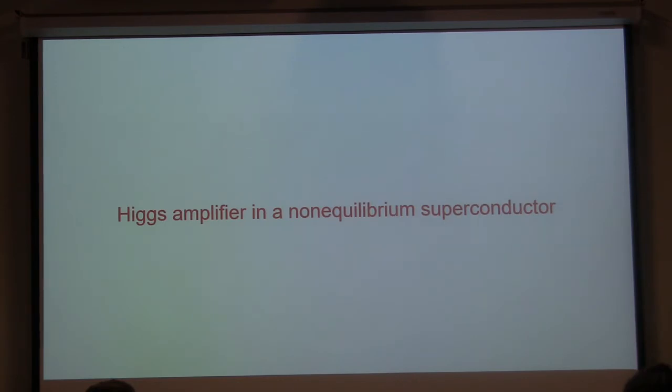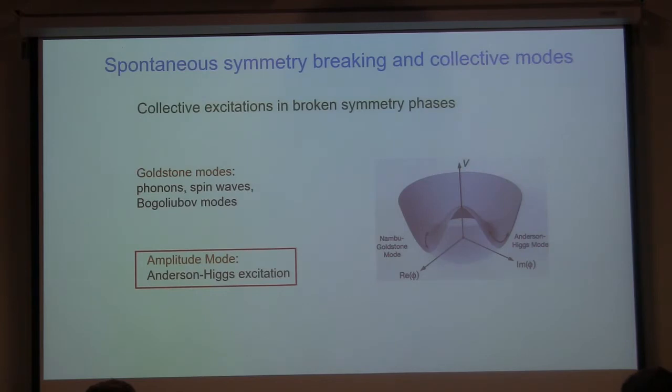Okay, so let me start with the story of the Higgs amplifier. Let me first remind you what a Higgs excitation is, and I'll give a very generic picture. If we have a state of broken symmetry, right, then we're used to representing this as an effective Mexican hat type potential.